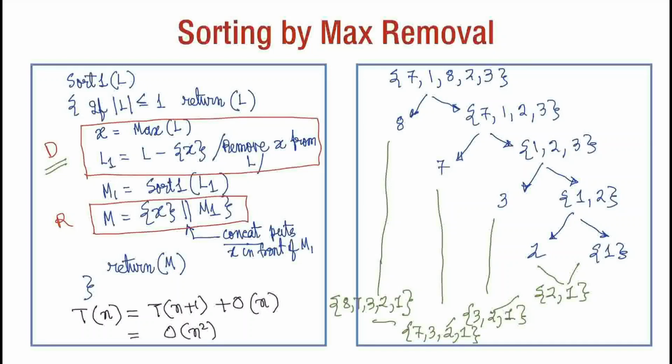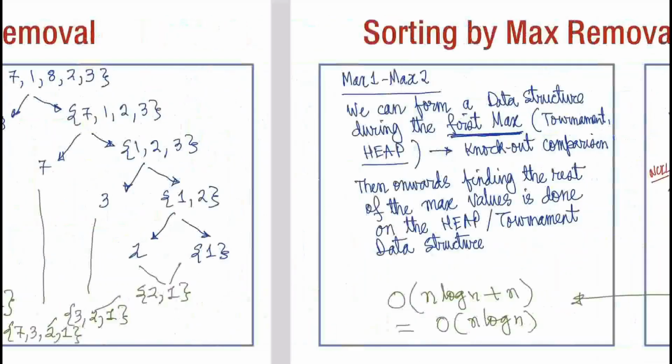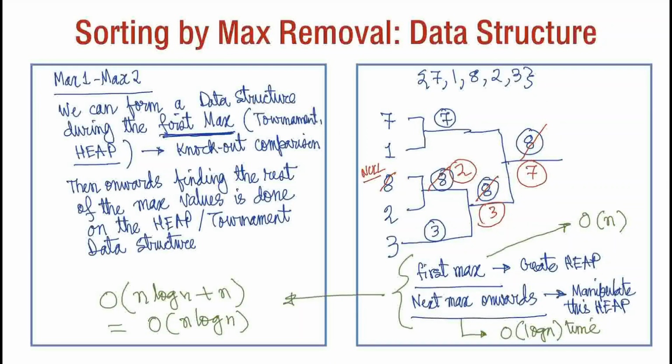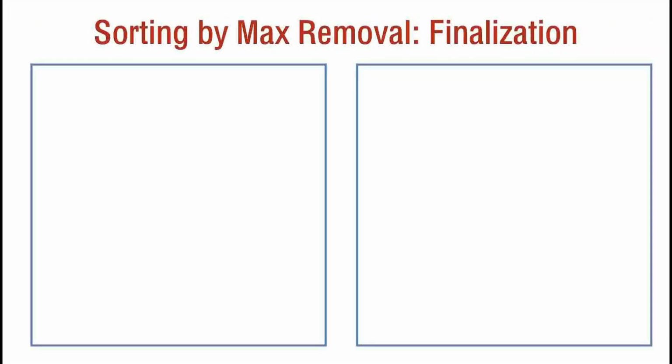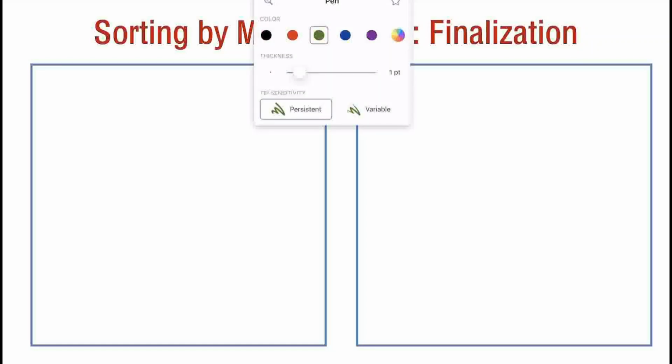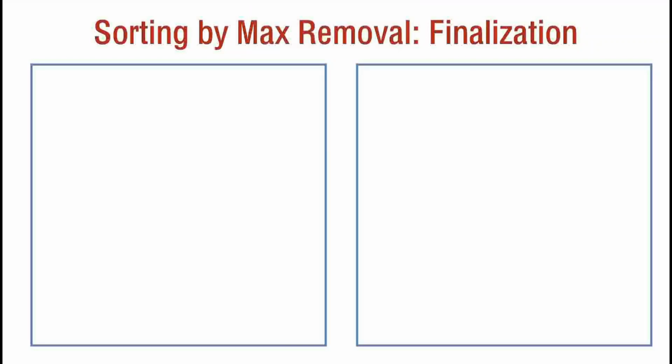Looking at that recursive manner, we saw that we could write that recursive definition for max in a different way, and we therefore break up the max finding into two parts. And once we have broken up the max finding into two parts, we then define the sorting problem and create two parts to the sorting problem. So we now rewrite and finalize the algorithm.